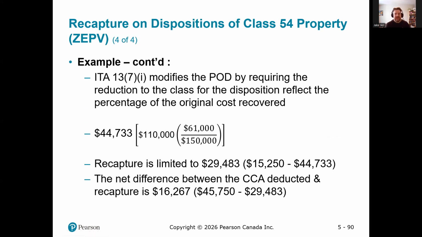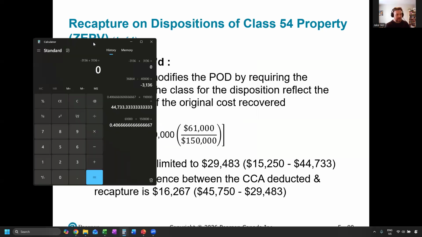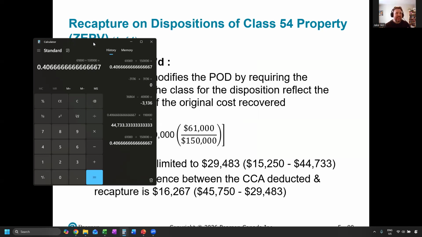So what they say is figure out the percentage. Let's say we bought something for $150,000, but we could only recognize 61,000. So our class adds 61. We paid 150,000, so we capitalized only 40.667%. The amount we put in the class was this percentage of the property.